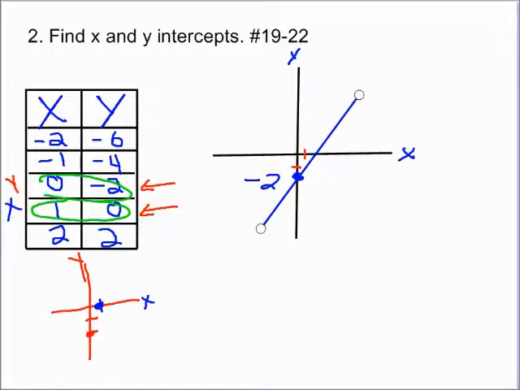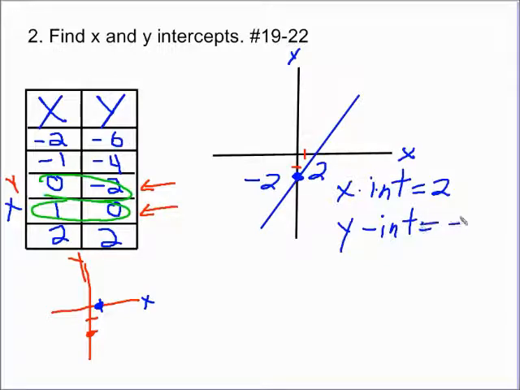Let's put that back in pencil mode. That's +2. So the x-intercept, if I wanted to write it nicely, x-intercept equals 2, and the y-intercept equals -2.